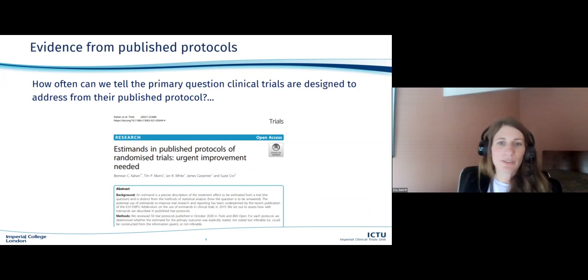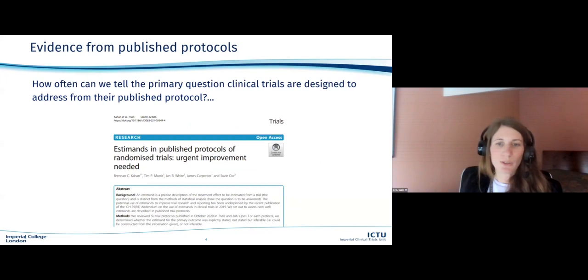Okay, so nearly one year after the final version and three years after the draft version of the ICH E9 addendum was published, how often can we actually understand the precise primary question a clinical trial is designed to address from its published protocol? To explore this, Brennan Kahan, who you heard from earlier, led a review of protocols that I was also involved in.